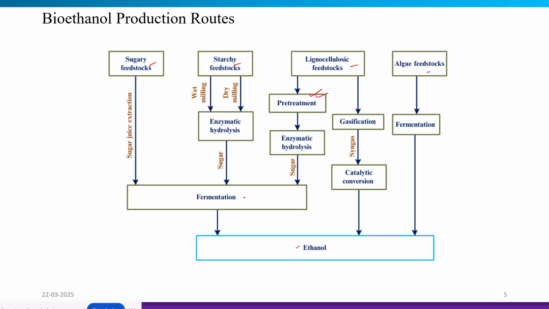The other part of the lignocellulosic biomass feedstock follows the route of thermochemical conversion. It is converted by the gasification process into syngas, and this syngas is followed by catalytic conversion to produce bioethanol in the thermochemical route. And the last is the algal feedstock, which is directly taken for fermentation to produce bioethanol.